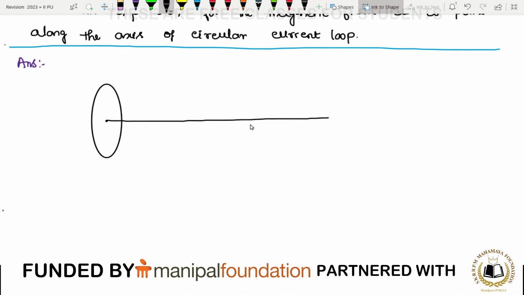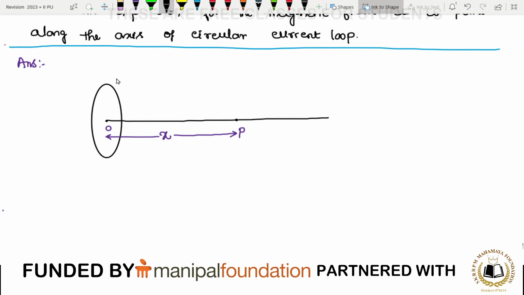Okay. So at this point I want to calculate magnetic field. I call that point as P at a distance x from the center of the loop. Center I call it as O here.